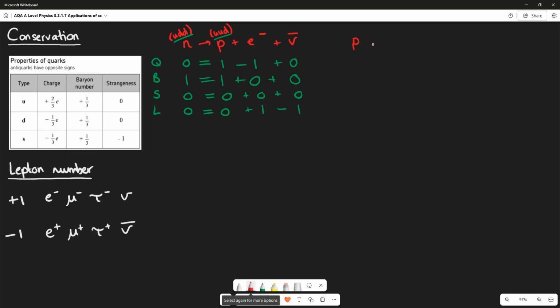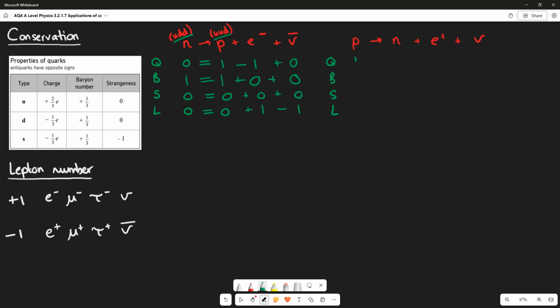So beta plus decay is when you have a proton and it decays into a neutron, a positron and a neutrino. Let's look at these properties again. So we've got charge, baryon number, strangeness, and lepton number.